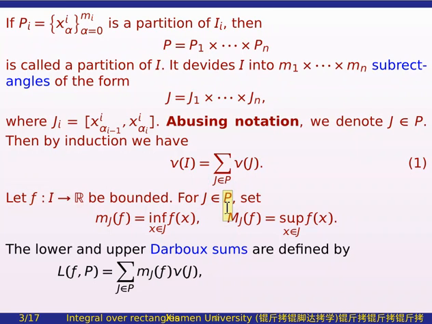Using different partitions P, you can compute different lower sums. Similarly, using the capital M_J, the supremum, you will obtain the upper sum. So given a function and a partition P, we can introduce the lower sum and the upper sum of our function f with respect to the partition P. Given different partitions, f will give you different lower and upper sums.